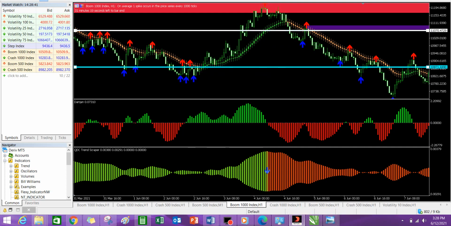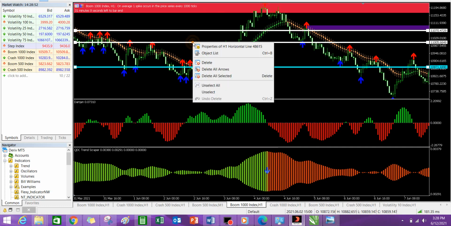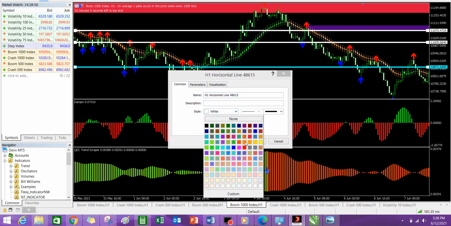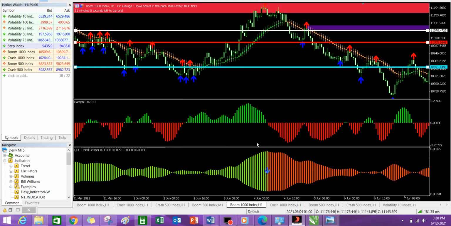That makes it very easy for us to separate the horizontal lines so that we know our entry point and also know our exit point. The light blue horizontal line is our entry point, the white is our current action price, while the red is our stop loss.